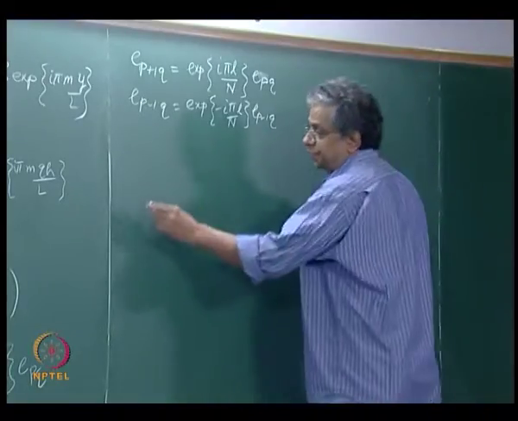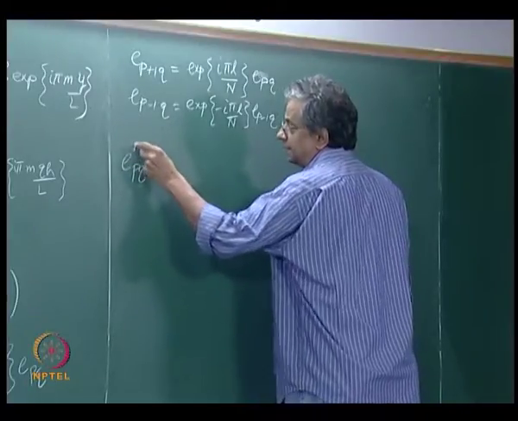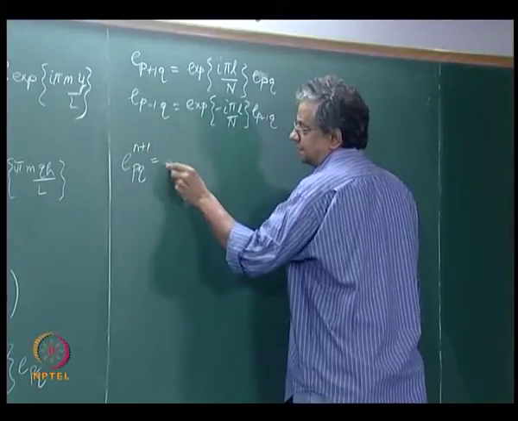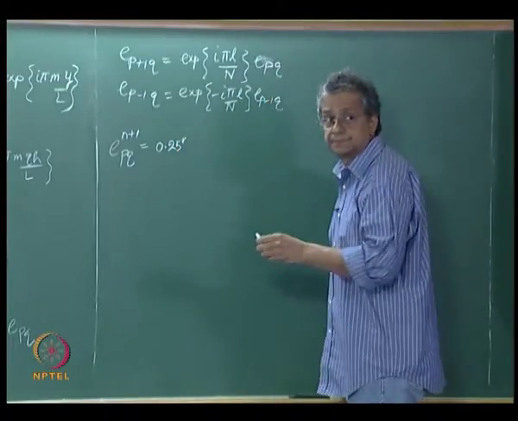So E_{p+1,q}, going back to our iteration equation, E_{pq} at n plus 1 is 0.25 times, is that fine?